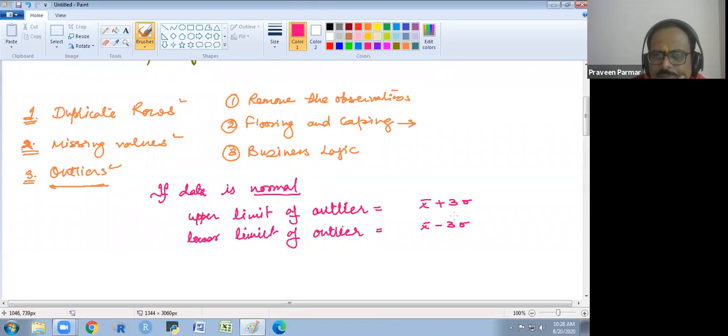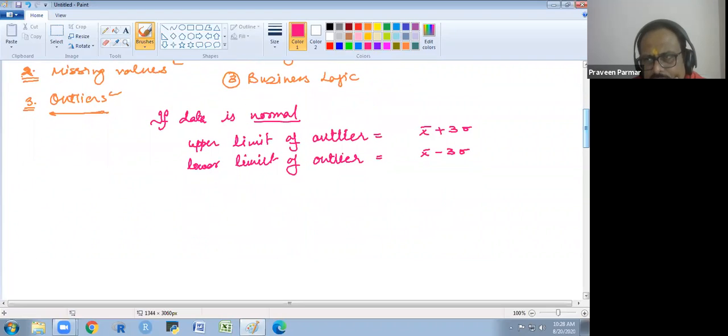Whatever value is less than this lower limit would be an outlier. Understand this? It is when the data is normal. When the distribution is skewed, it is not normal. It may be positive skewed, it may be negative skewed.